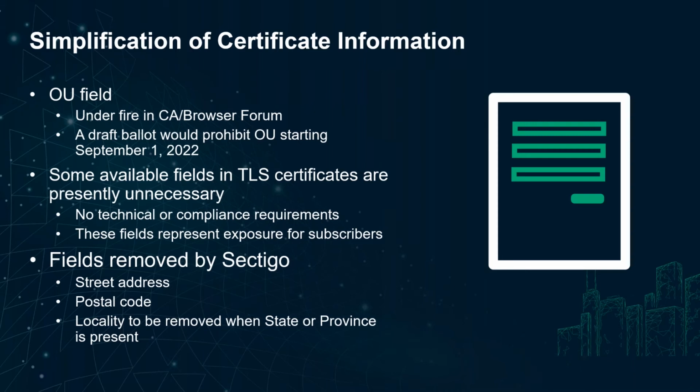The present draft ballot that is in discussion in the CA browser forum would prohibit any certificate to be issued with an OU field starting September 1, 2022. I believe that is the outside date that OU fields will still be viable. I can't imagine them being viable beyond September 1, and it's even conceivable that it could be earlier than this date.